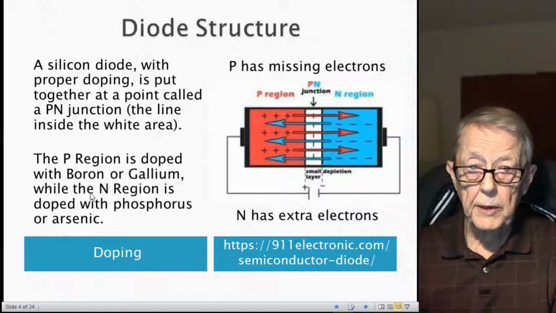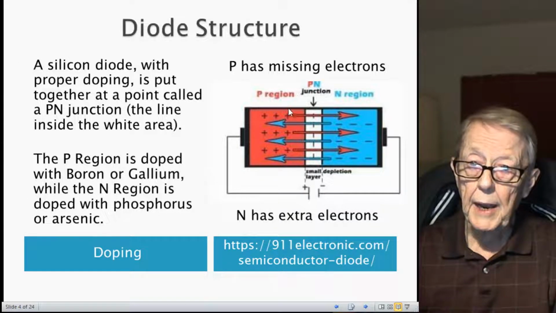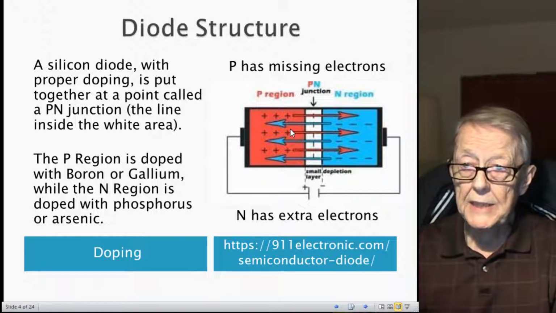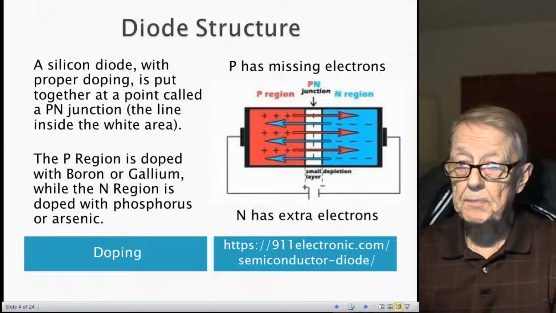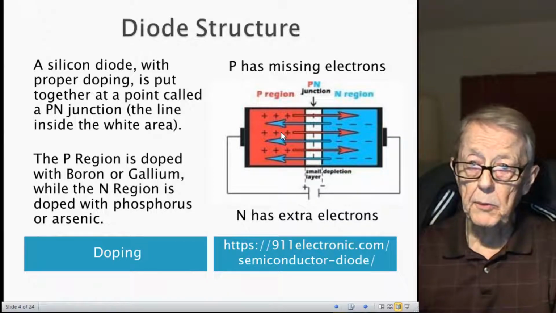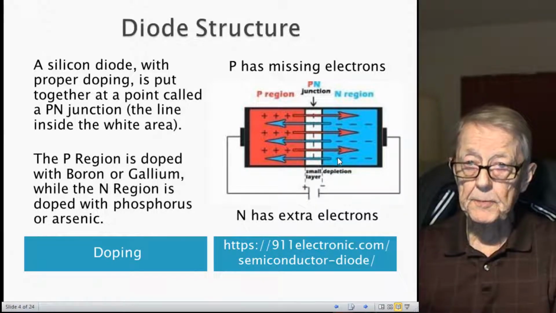And the N region is doped with phosphorus and arsenic. What happens is in the P region, you end up with a material that has missing electrons, and in the N region, you have extra electrons. The P region is generally thought of as positive, the N region as negative.